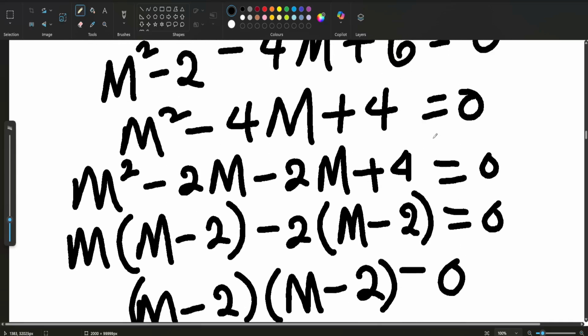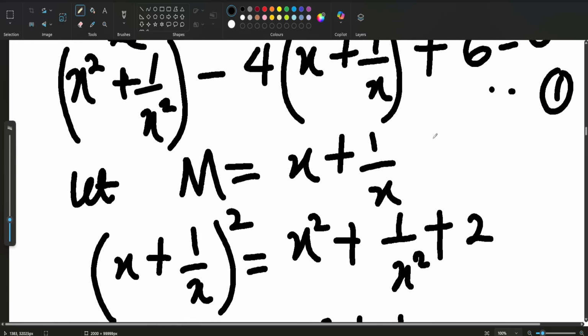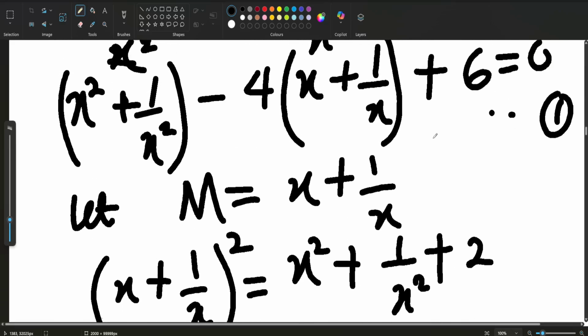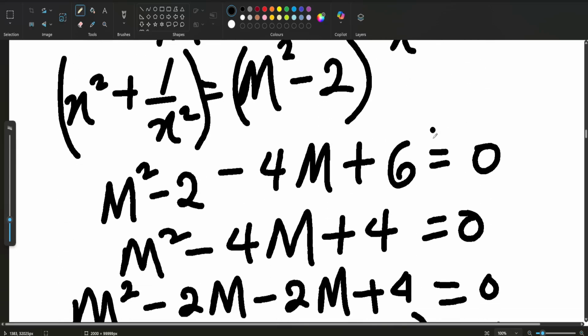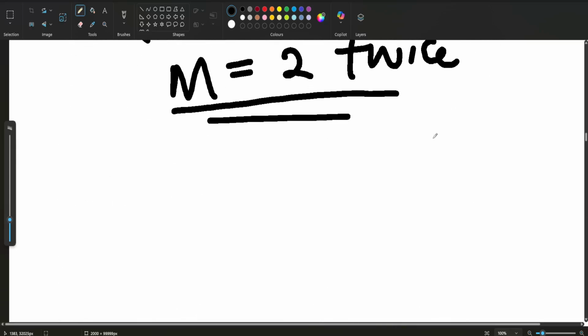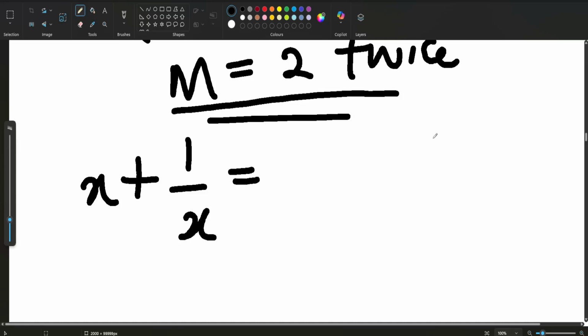So it's an equal root expression, and that's because it's symmetrical. But what is m? M is x plus 1 over x. So in that case, x plus 1 over x is equal to 2.